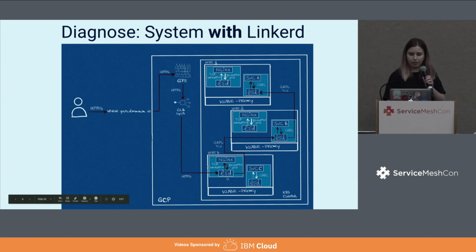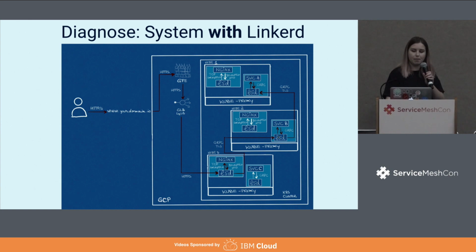Then from here, the Linkerd proxy passes it on, this time as secure gRPC, which is what the application is using, into the Linkerd proxy of the service that it's expected to go to. And here, the communication between the service and the Linkerd proxy happens via gRPC.